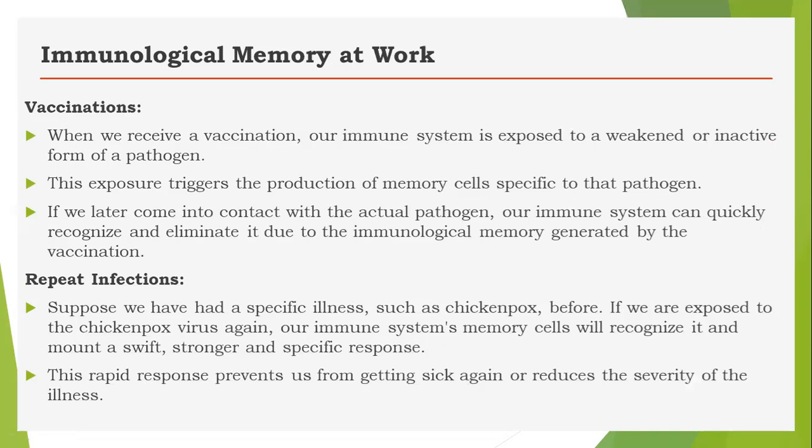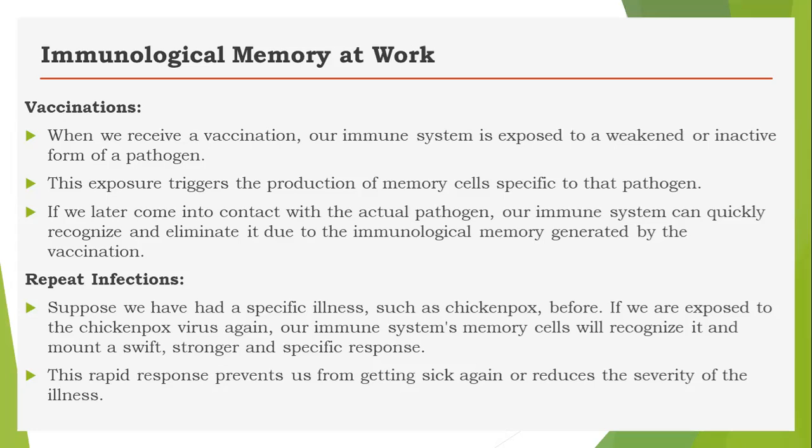And as we talked about in a slide before this, the most important aspect when we talk of immunological memory is the concept of vaccinations. When we receive a vaccination, our immune system is exposed to a weakened or inactivated form of a particular pathogen. And this exposure triggers production of the memory cells, both the T cells and the B cells. And once those T cells and B cells are active, we've got the memory cells coming in.